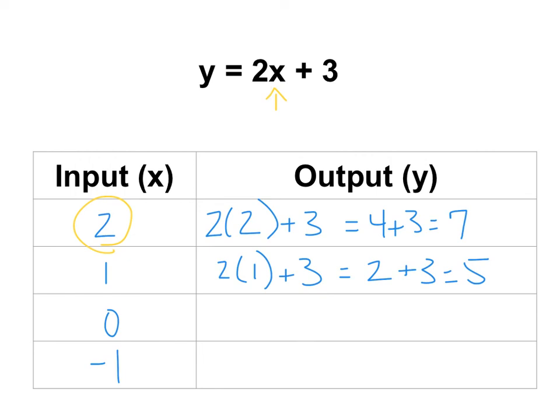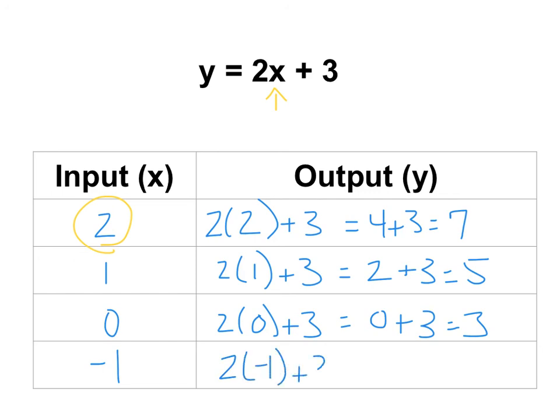So I'm going to have 2 times 0 plus 3. 2 times 0 would be 0, plus 3 would be a 3. And lastly, I'm going to put in -1 for x.